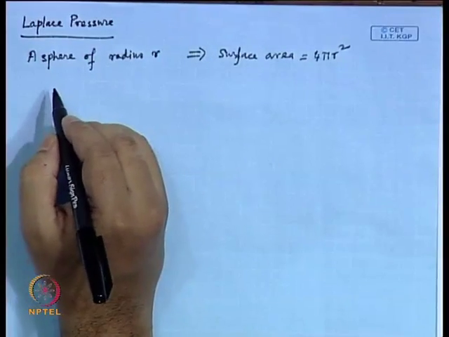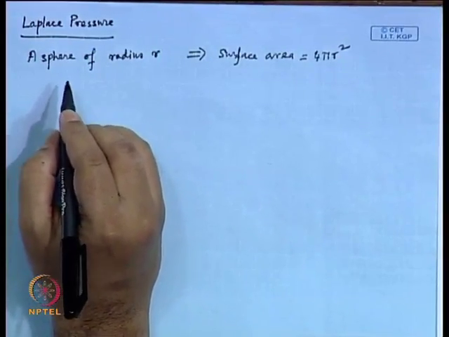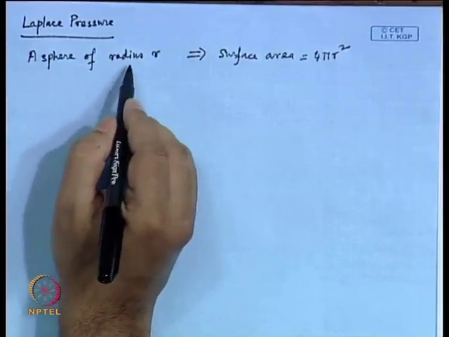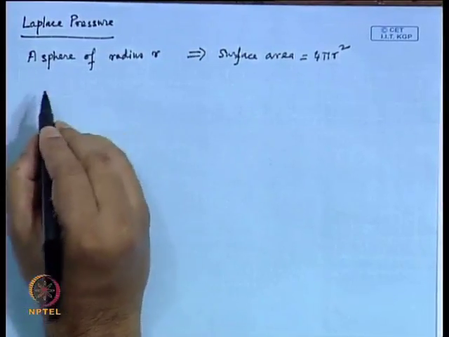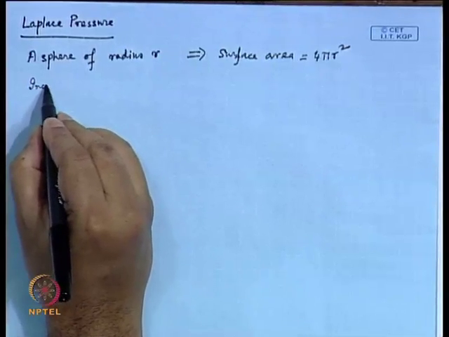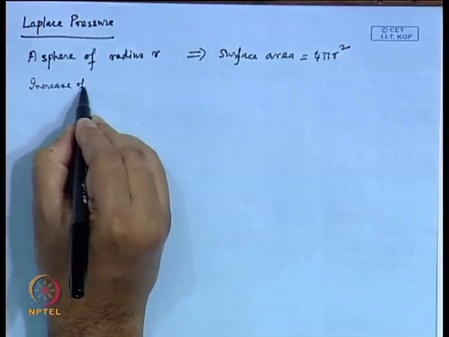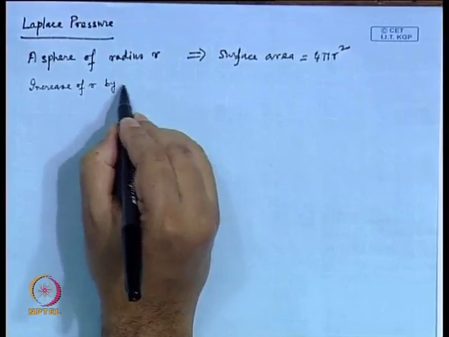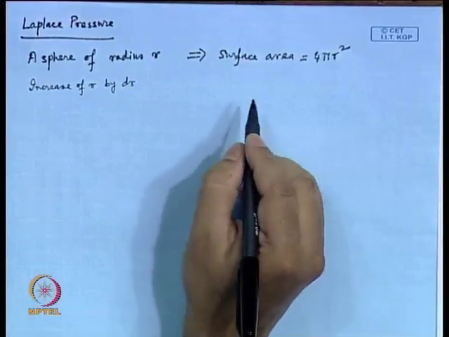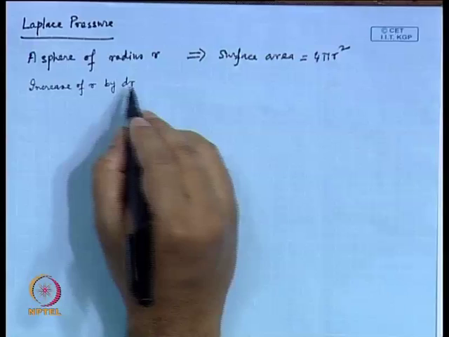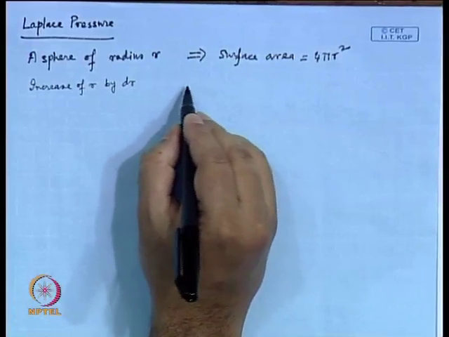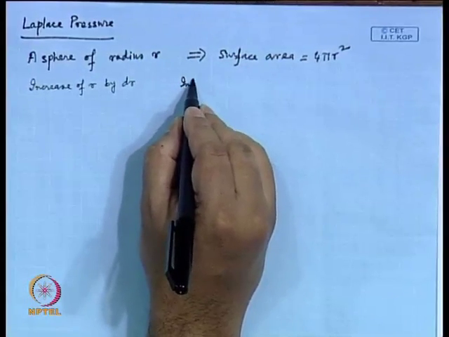So if this radius changes by dr, an increase of r by dr, this changes the interfacial area.